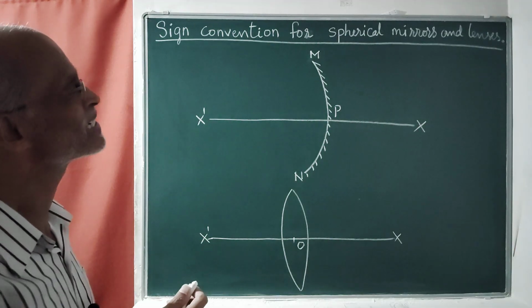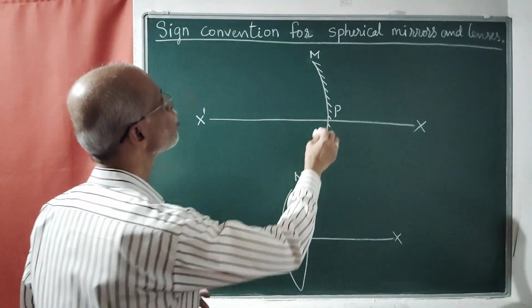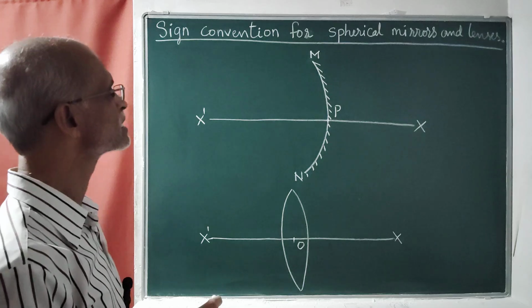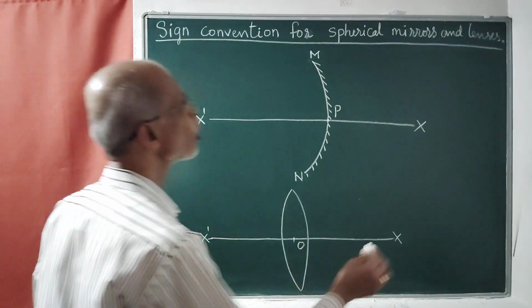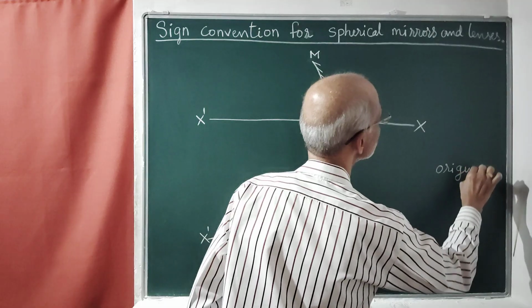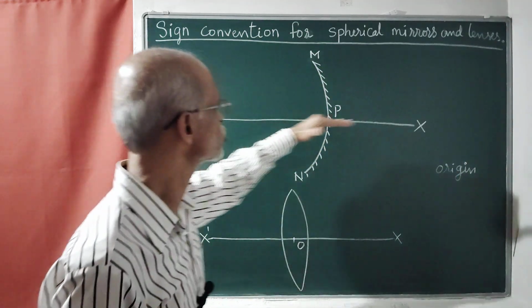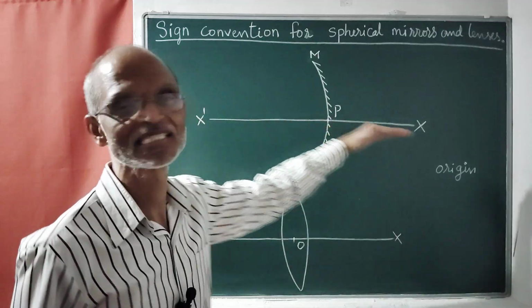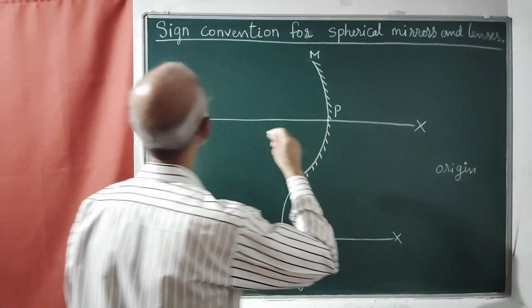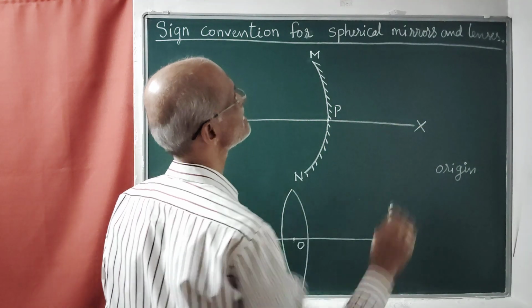The first rule is that the pole of the mirror should be considered as the origin, and the principal axis should be taken as the x-axis.